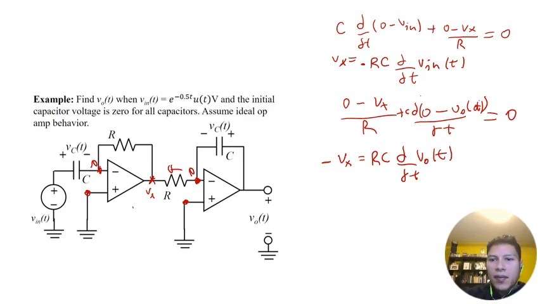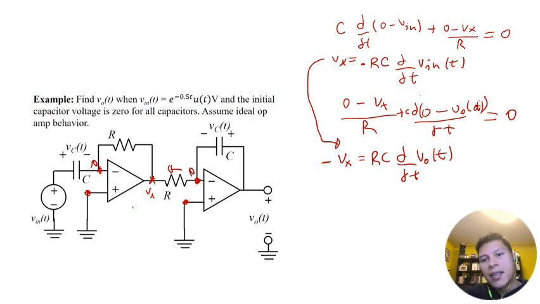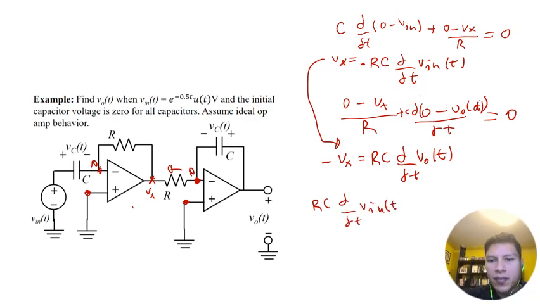All I did here was move the Vout to the other side and multiply both sides by R. At this point, I can back substitute my expression for Vx. And so I'm going to get RC d/dt of Vn of t equals d/dt of Vout of t.